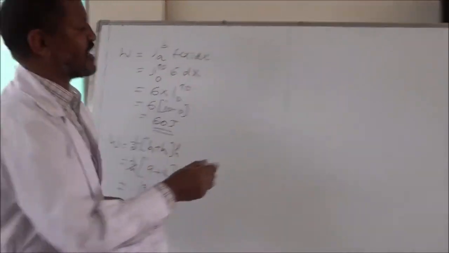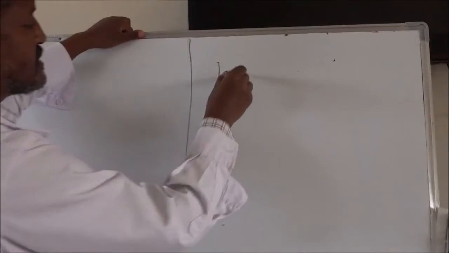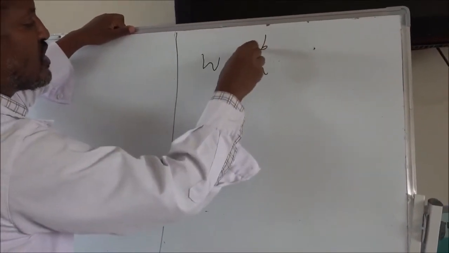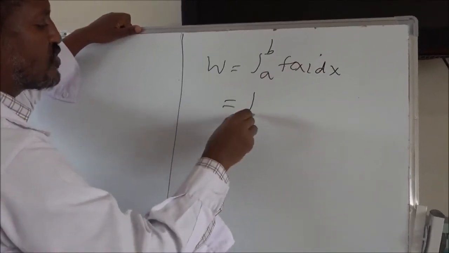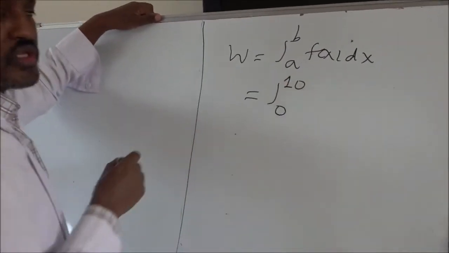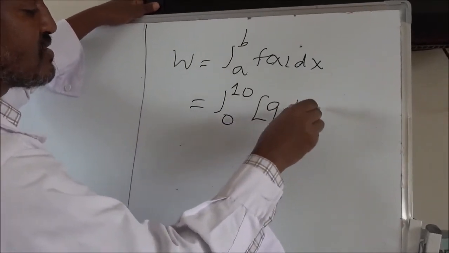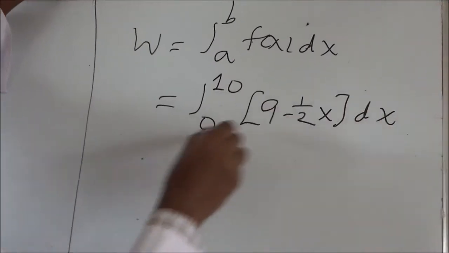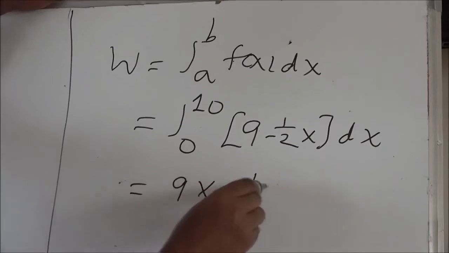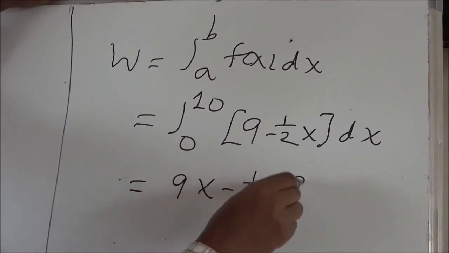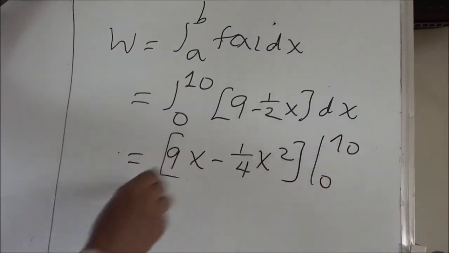Now, let us apply the integral approach. Work done is the integral from a to b of f(x) dx. Now, from a to b, in our case, from 0 to 10. And my function is 9 minus half x, dx. Now, what is the integral? It is 9x minus 1 over 4 x squared. Let's evaluate this from 0 to 10.